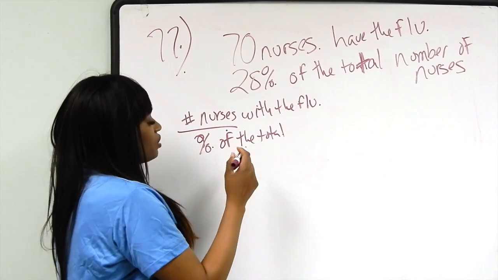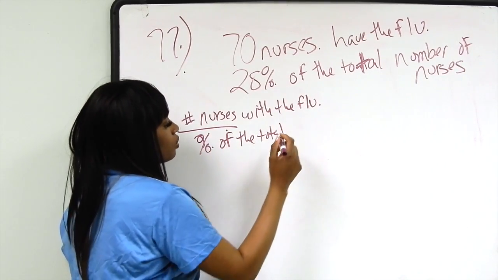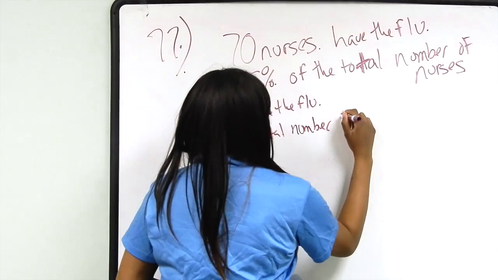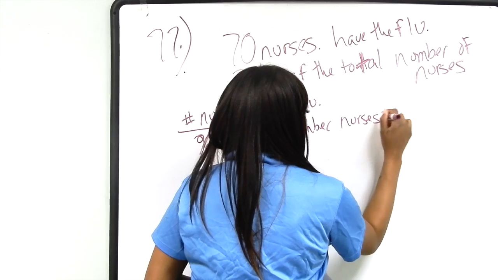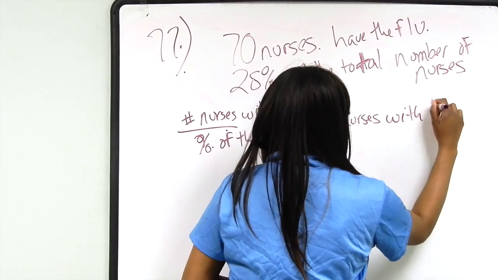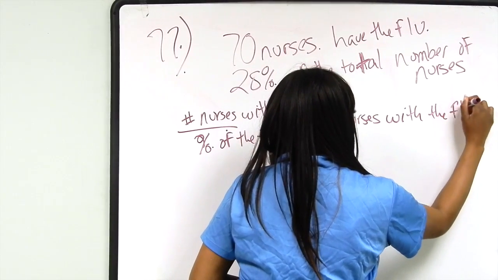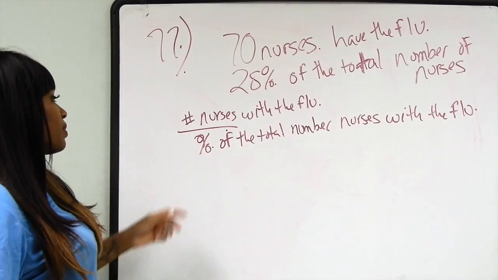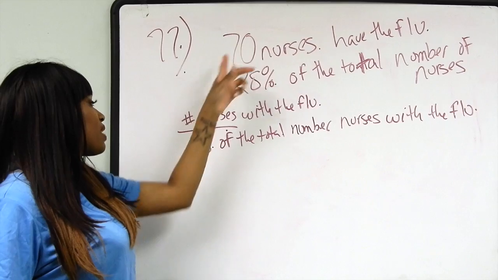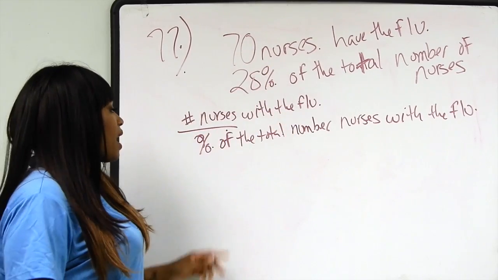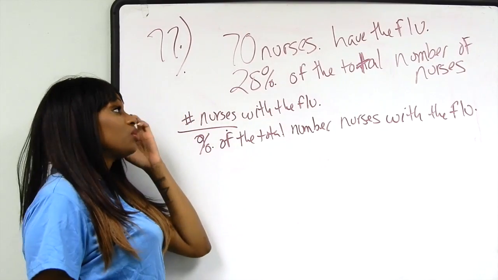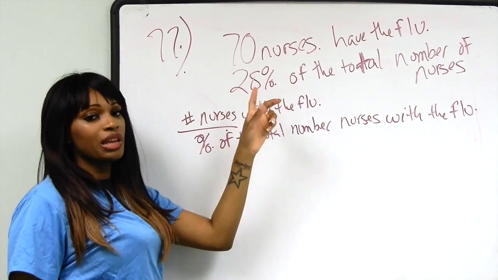We would divide by the percentage of total number of nurses with the flu. And we have both numbers here. We have 70 nurses with the flu, and the total number of nurses with the flu is 28%. So what we're going to do is divide 70 by 28%.